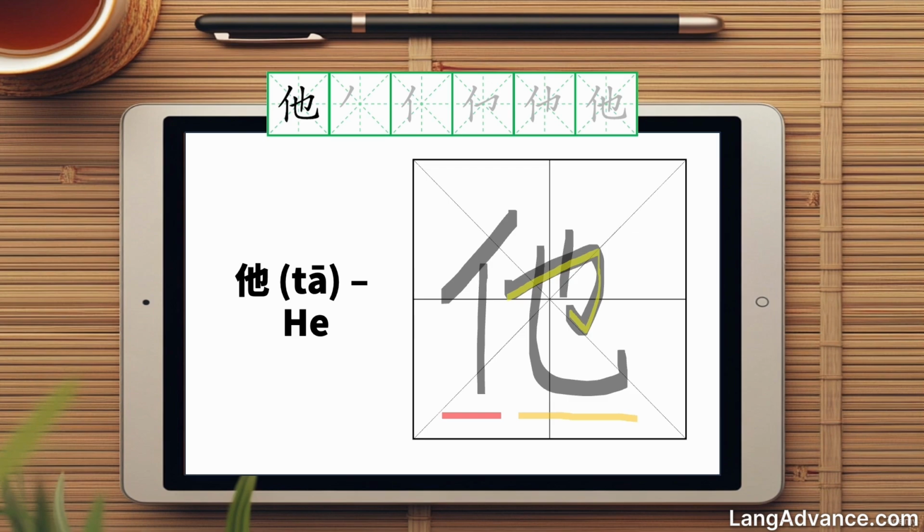Now, the second part is this one. It's a small vertical line, right? And we have the big stroke that looks similar to a hook, like a J in the opposite direction. And we drag it down and finish it up with a hook.